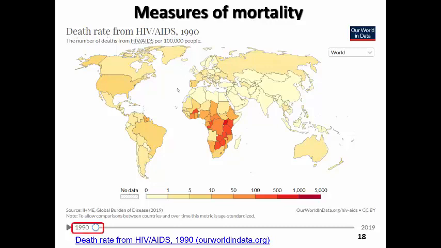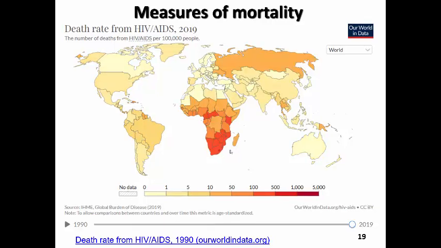This is the map in 1990, and the darker shaded regions indicate higher death rates. We see the countries in the African continent exhibit the highest levels of mortality due to HIV and AIDS in 1990. If we jump to 2019 in the next slide, we see that mortality rate has increased in the Russian Federation.